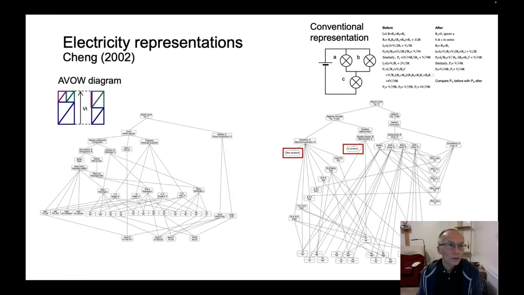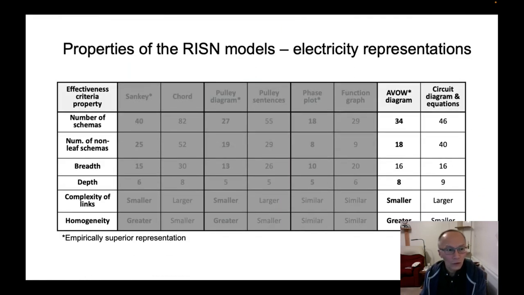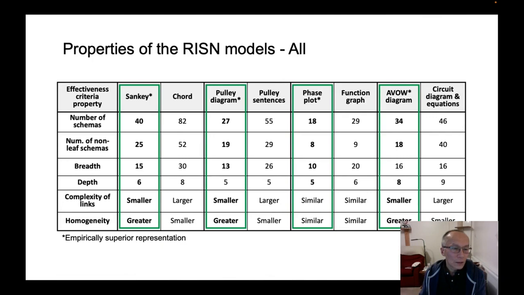The final example is that of electricity representations, in which conventional representations for electricity, which include algebraic equations and a circuit diagram, were compared with a novel graphical modeling diagram for electric circuits called AVAL diagrams. And again, the same picture emerges. So overall, when we look at all of the cases, the predictions made from comparing the models are always consistent with the empirically derived findings.